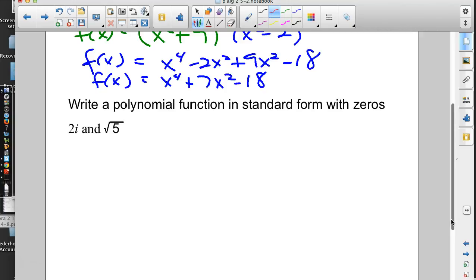What's step number 1? Yep. If the positives are there, then the negatives are there. So negative 2i and negative square root of 5. Now we have them all.